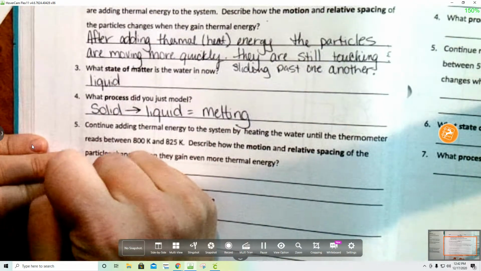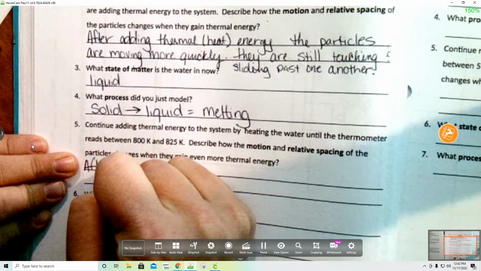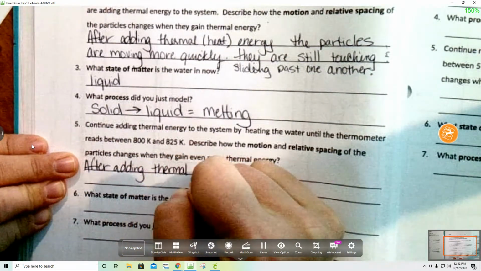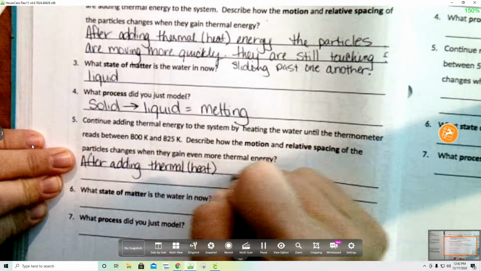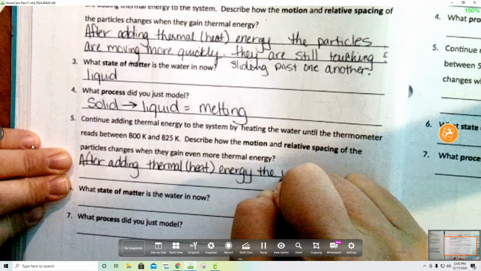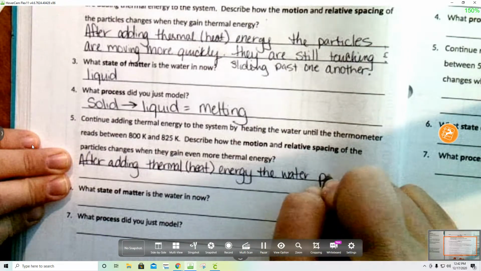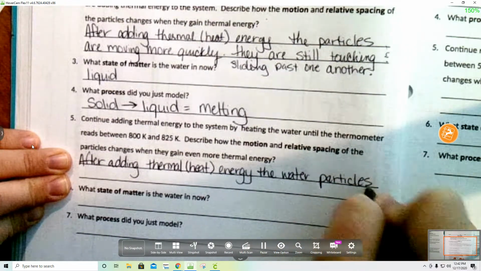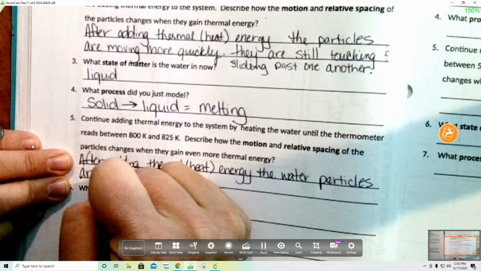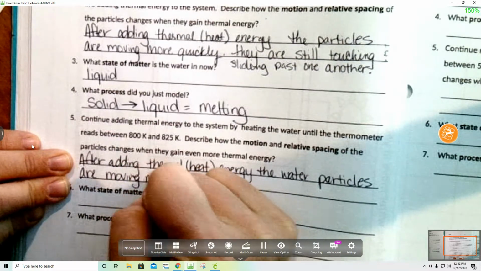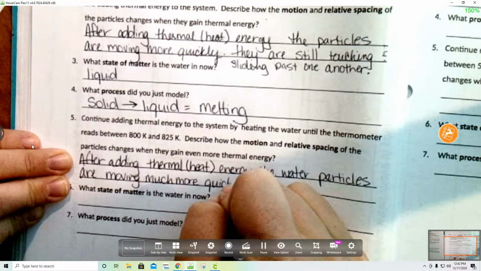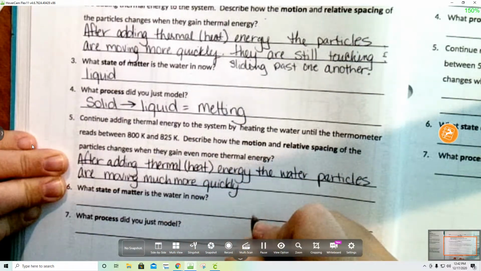Okay. After adding thermal energy, so after we heated it, the water particles are moving much more quickly and are no longer touching.